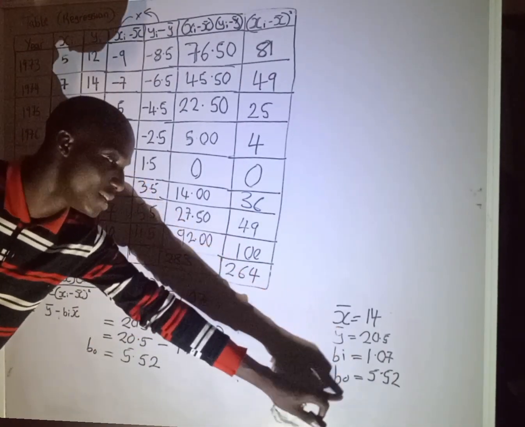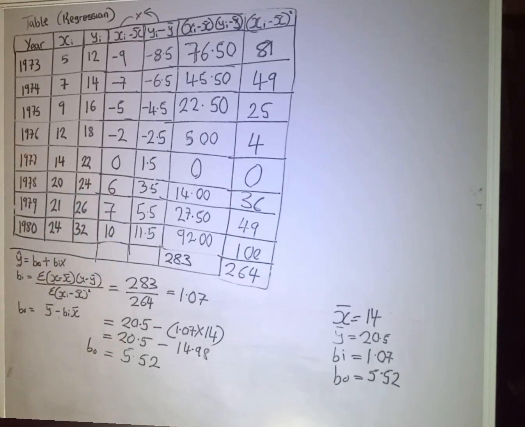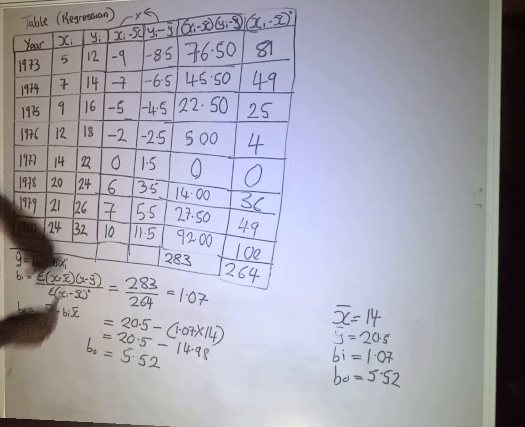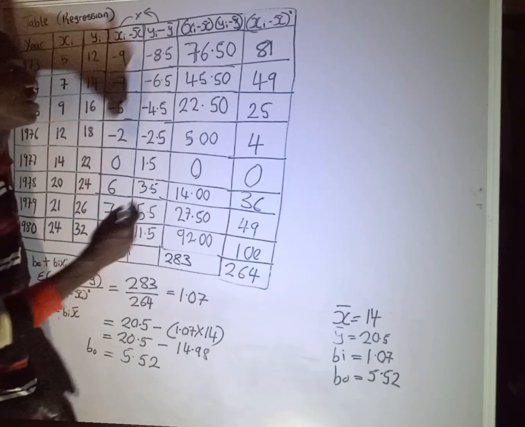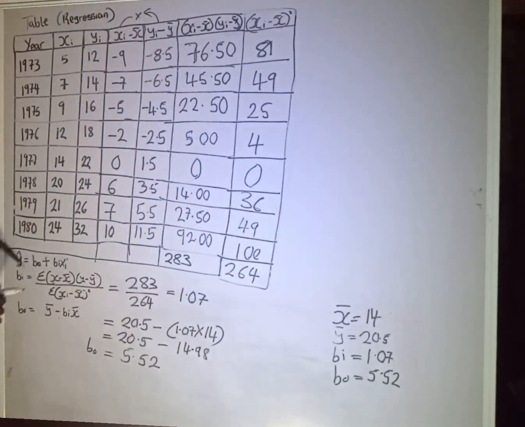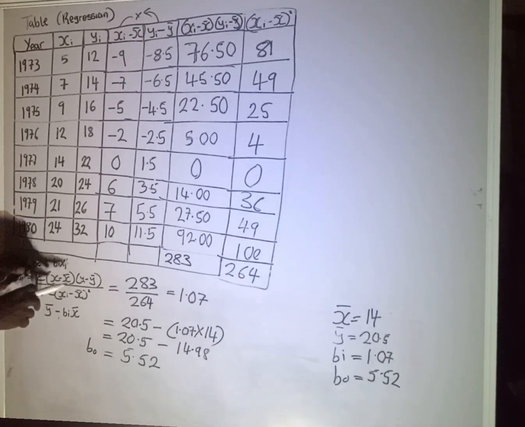So now I have gotten the gradient, which is the slope, and the intercept of the regression line. Now I can deduce the predicted value of y. Don't forget, the predicted value of y is given by the intercept plus the gradient multiplied by the value of x.